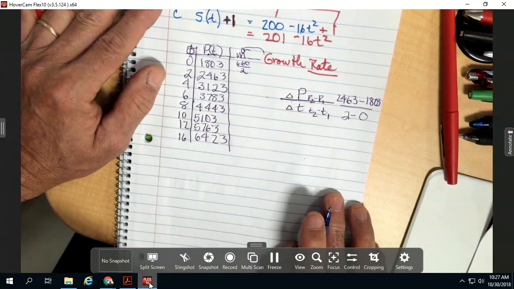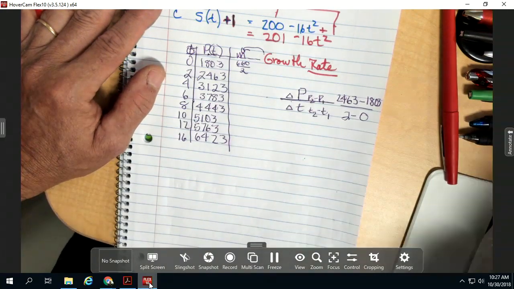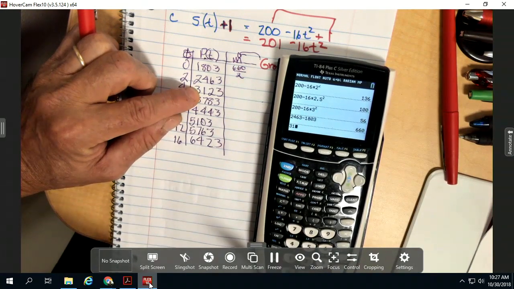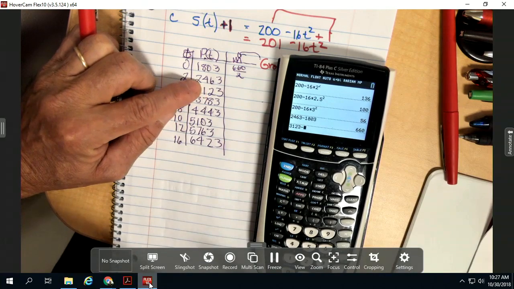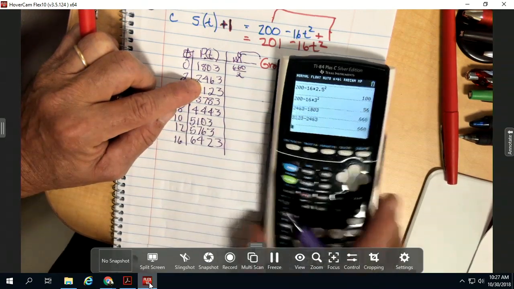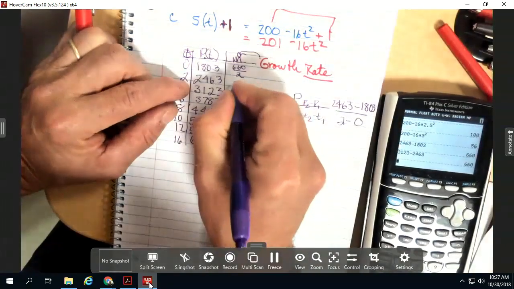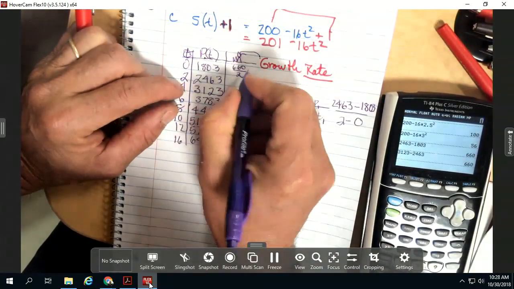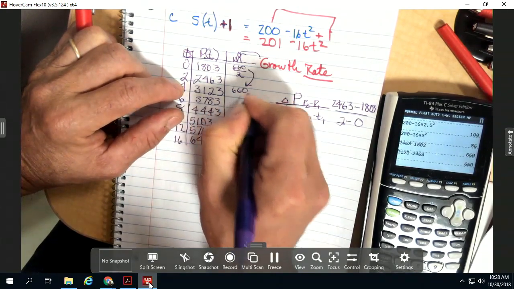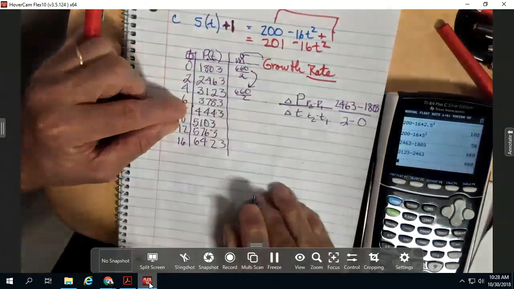In the second case, what numbers are we going to press? 3123 minus 2463, and we get, actually I should have put this one into this spot here, shouldn't I? 660 in 2 years.